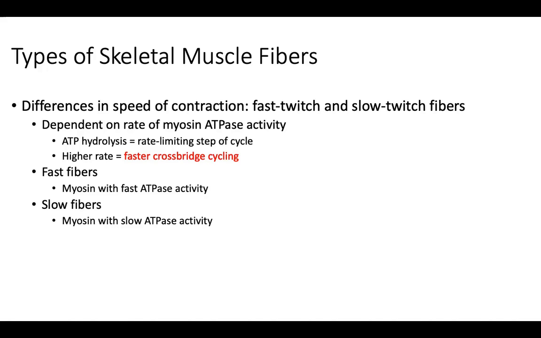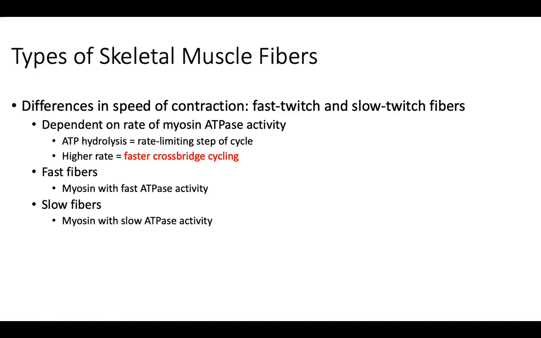The rate at which that hydrolysis of ATP can happen is going to determine the rate of cross-bridge cycling. So if the myosin can hydrolyze ATP very quickly, form a cross-bridge very quickly, release that cross-bridge very quickly, we're going to call it a fast twitch fiber because it has a faster rate of cross-bridge cycling, right? It's going to be able to contract more quickly because of that ATPase activity.